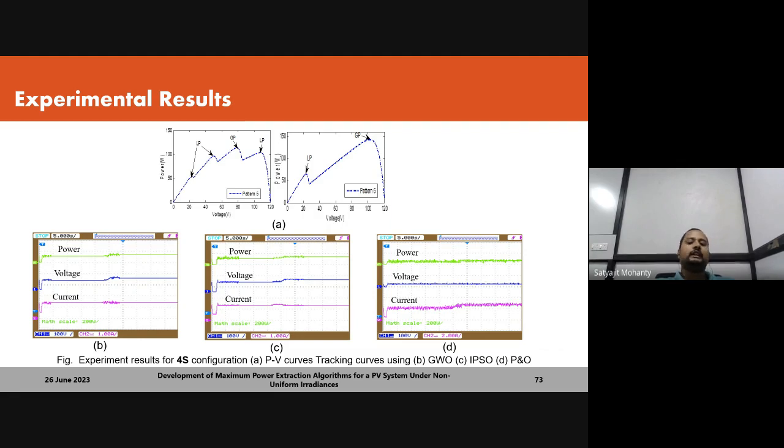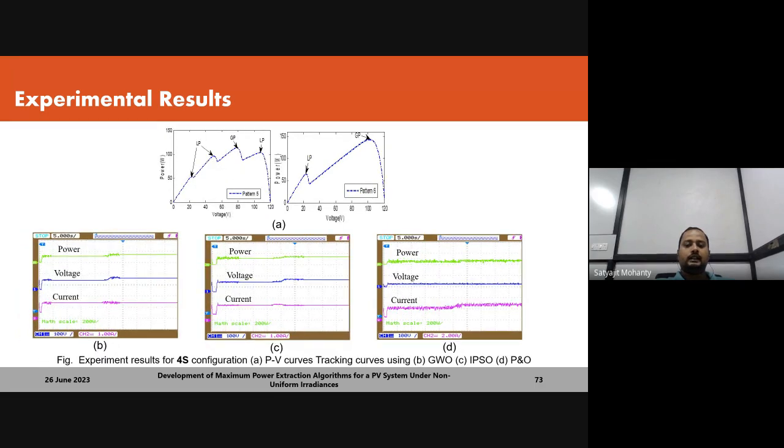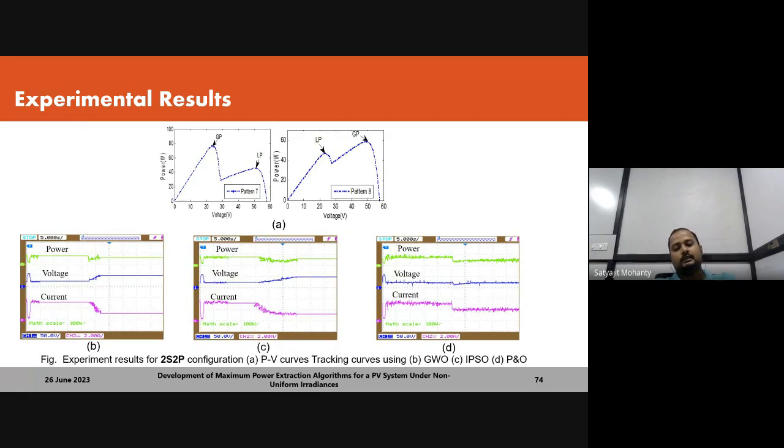In this also I created different patterns, pattern 5, pattern 6. These experimental results are obtained from the hardware setup which I discussed in the first part. Two different configurations I have taken and they have been validated using the experimental setup.